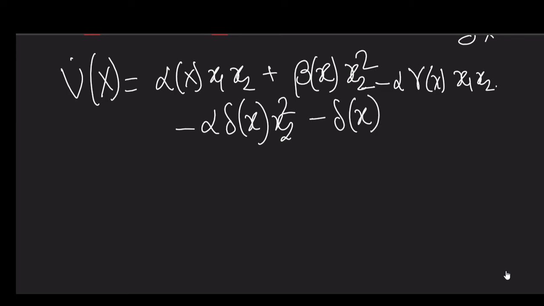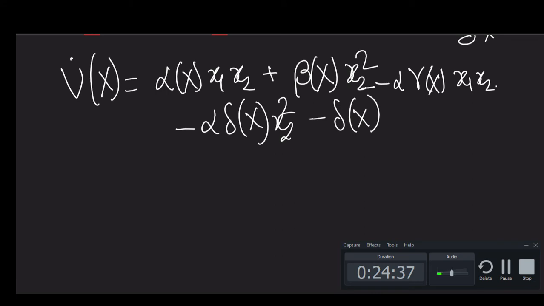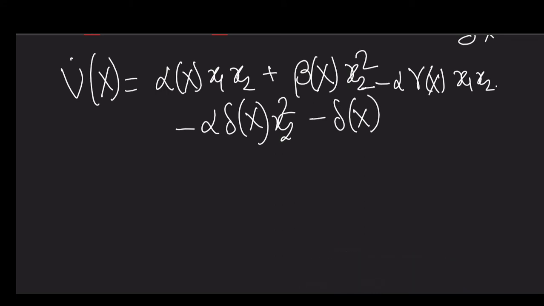Actually, inside this we should write it more clearly, because we have no idea which x it may be. It may so happen that alpha, delta, beta, all of them are dependent, or at least a few of them are dependent on both x1 and x2, a few may be dependent on only x1, a few on only x2. So these kinds of things are quite natural and can happen here.